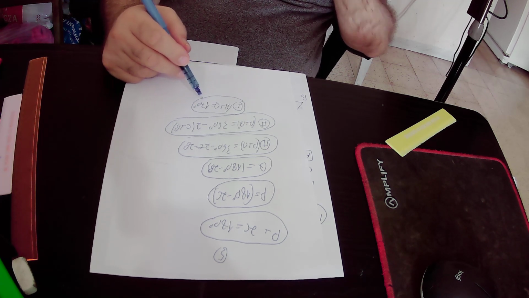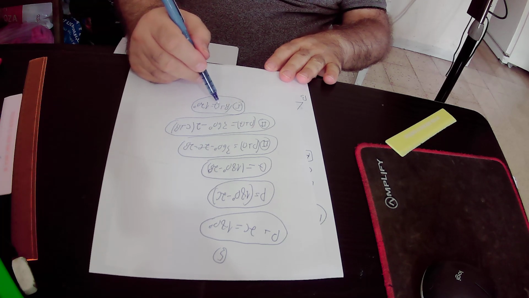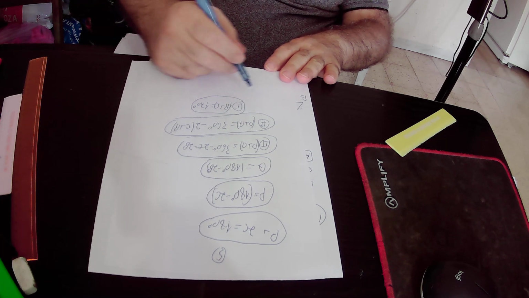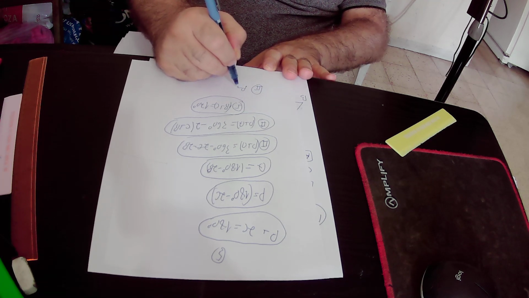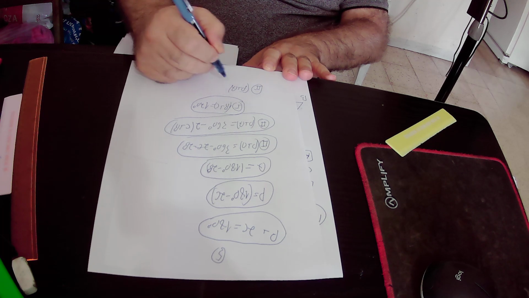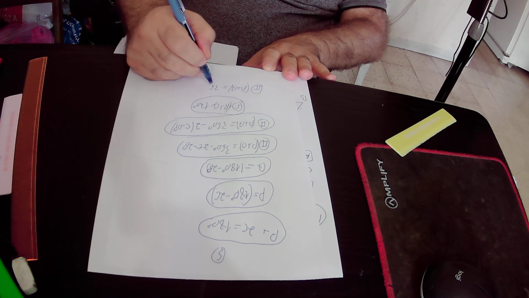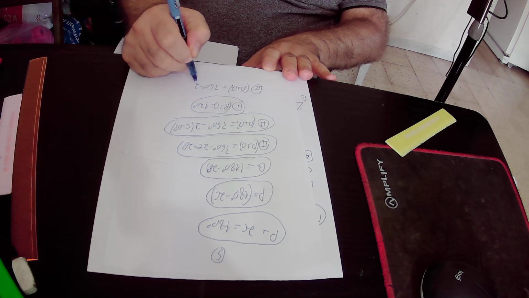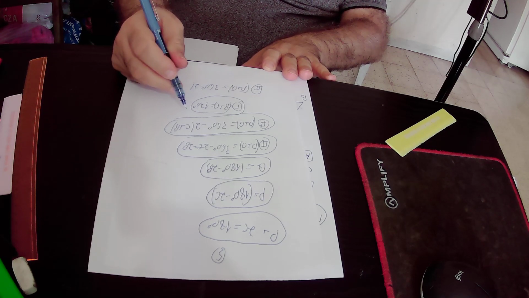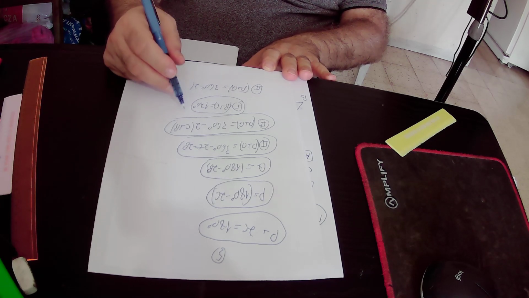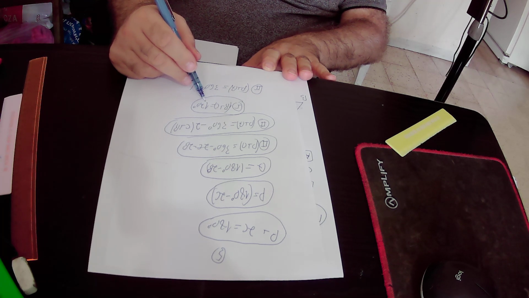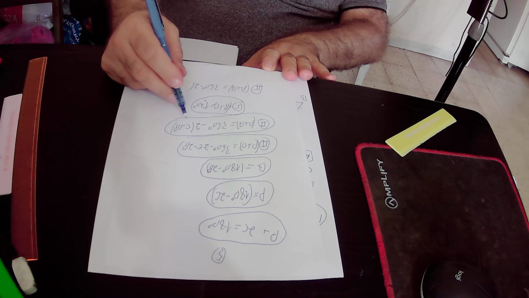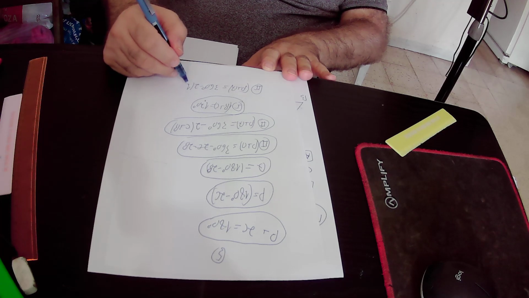So we will get that P plus Q equals 360 degrees minus 2 times C plus B, or B plus C. It is the same. C plus B or B plus C equals 120 degrees according to equation number 1. So we substitute C plus B by 120 degrees.